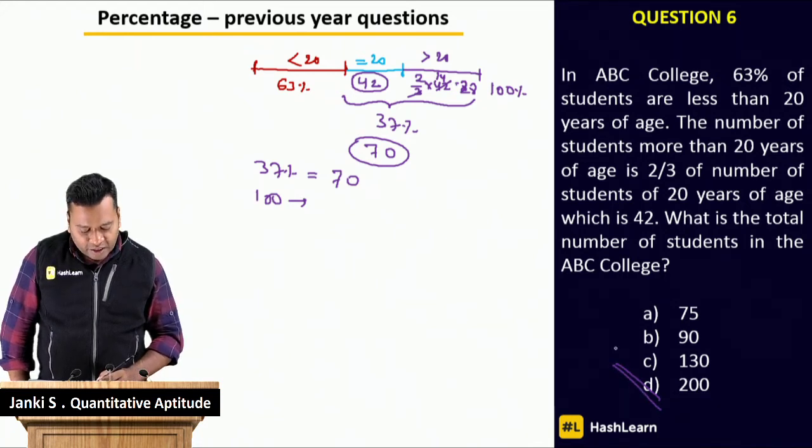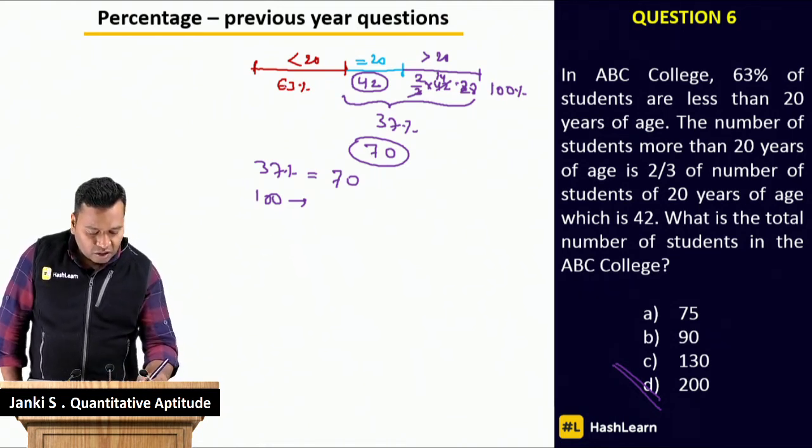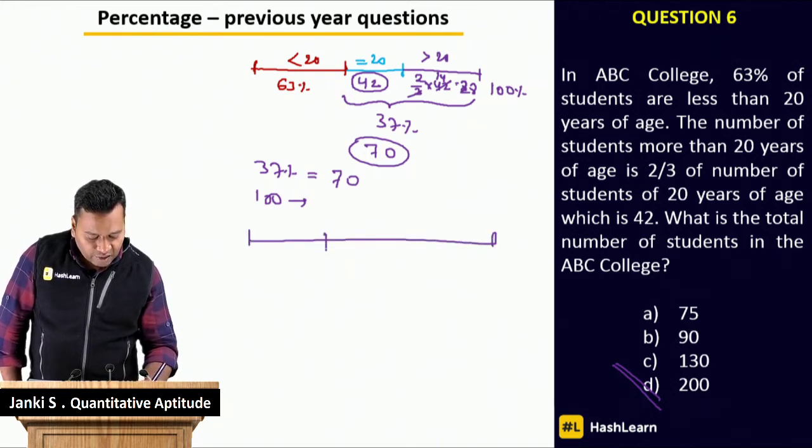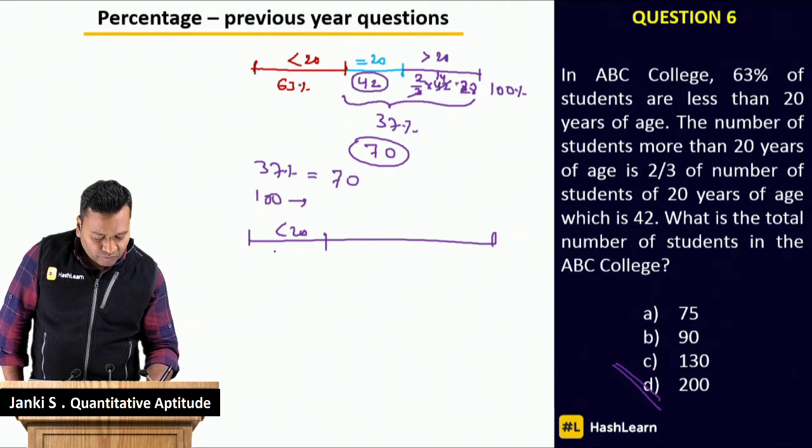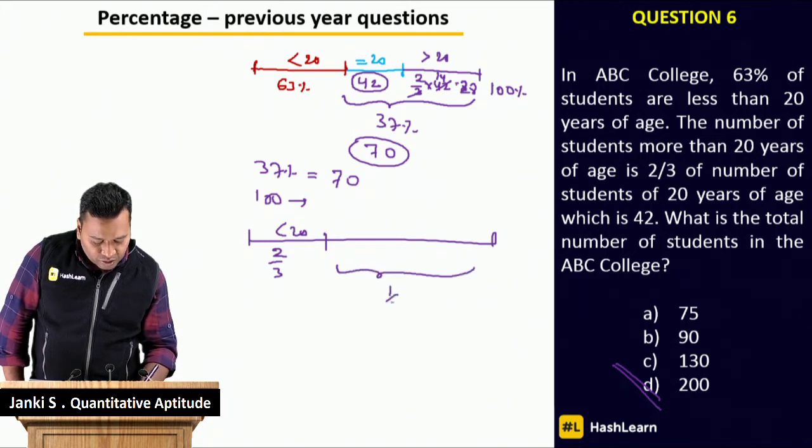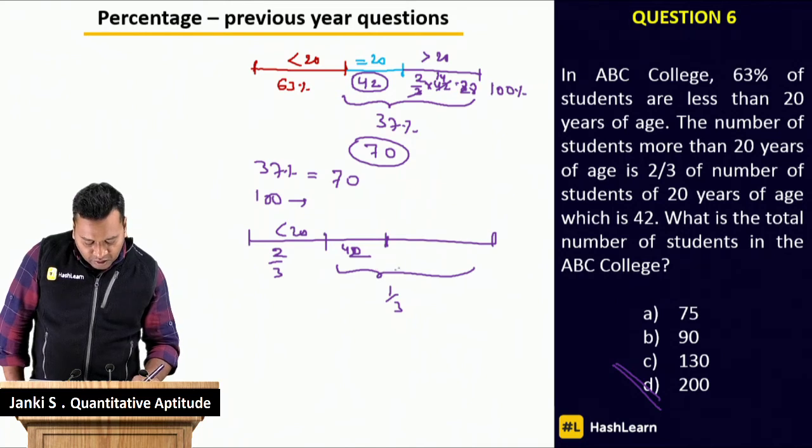The nearest value is about 200 here, right? There are two possibilities, because if 63% is given, the nearest I could have taken is about 63.33 for the part lesser than 20, which is 2/3 of the value. That means the remaining is 1/3, where this part is 42 and this part is 2/3, almost 28, right?